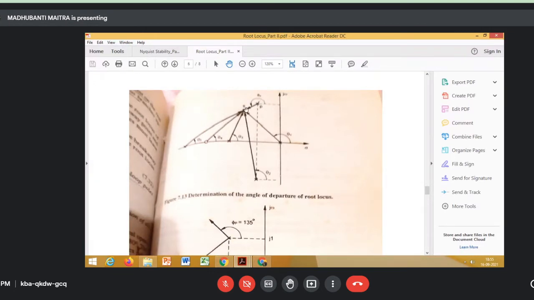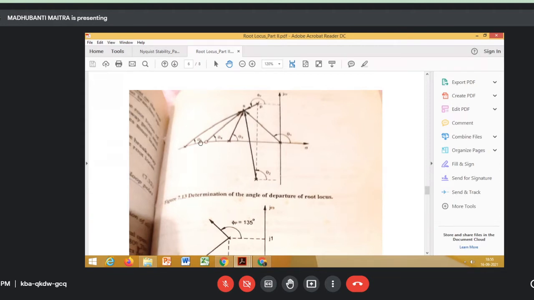So at this point now, we'll calculate the angles contributed by all other open loop poles and zeros, except this particular pole for which we are trying to find the angle of departure. So the net angle contribution at this point by all other open loop poles and zeros will be given by theta 4 minus theta 1 minus theta 2 minus theta 3 minus theta 4.